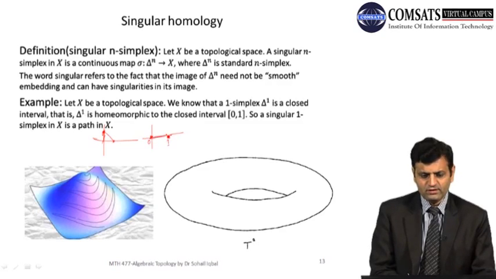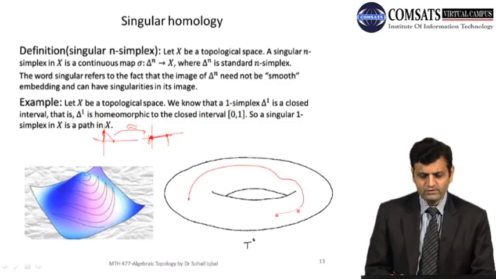These are just two line segments, and we can easily define a homeomorphism from this to this, so they are homeomorphic. Basically a singular one simplex is going to be a path inside this topological space X. It's just going to be a path from this point to this point. It may or may not be a closed path.